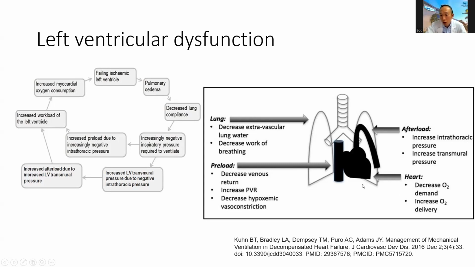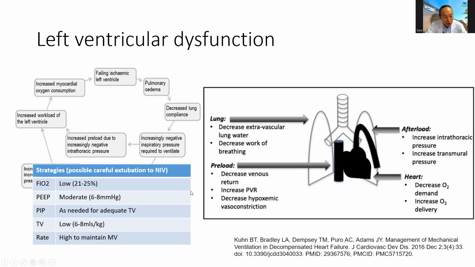All these things will help reduce the oxygen demand and increase the oxygen delivery. So the strategy is somewhat like how we were dealing with the VSD: lowish FiO2, moderate PEEP, PIP as needed, low tidal volumes, and rate enough to maintain the minute ventilation.